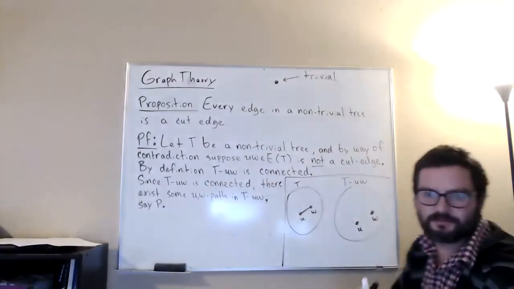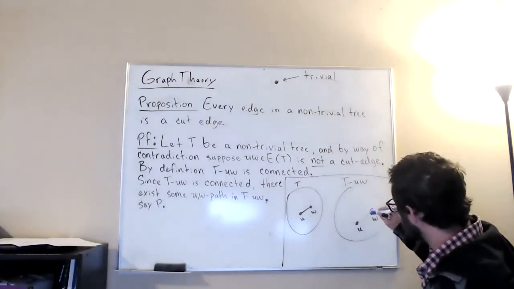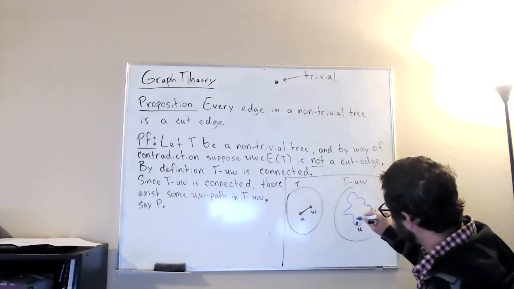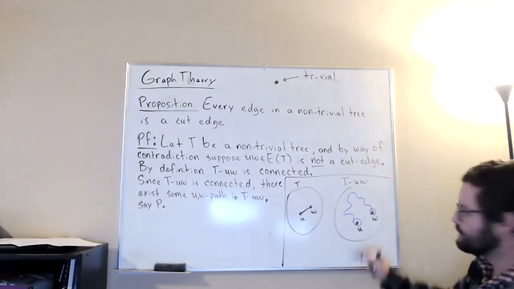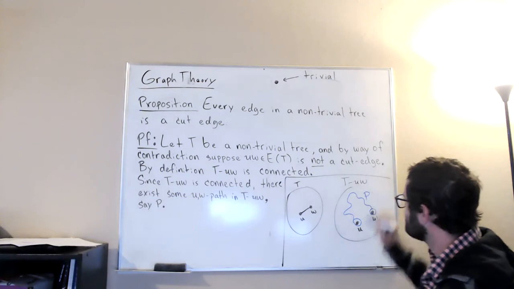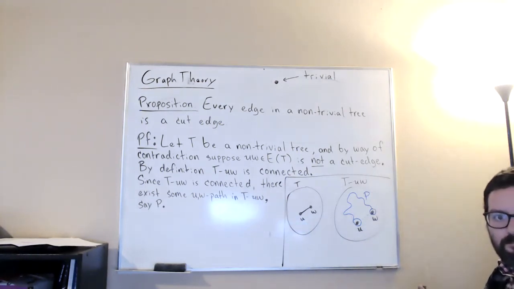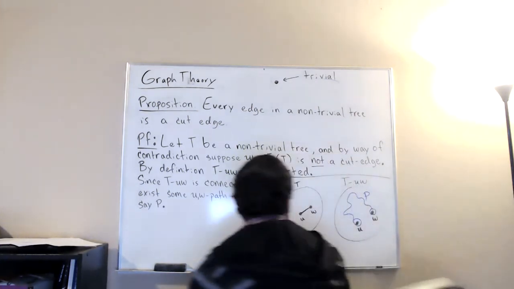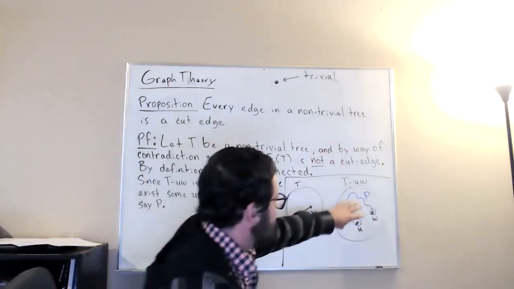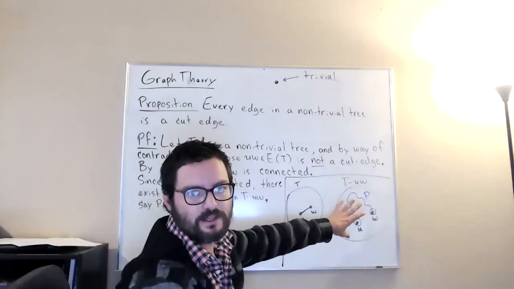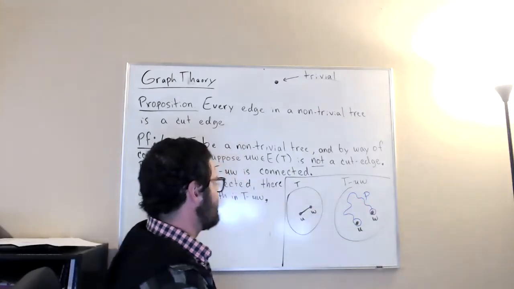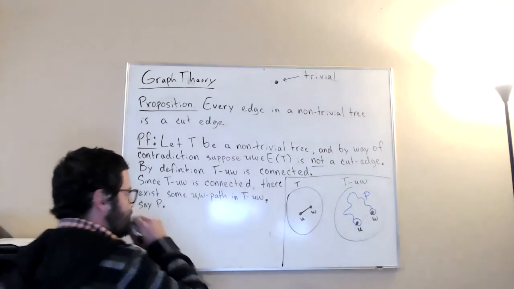So that path P is here. And we don't know where it goes, but it definitely connects U and W over here. This is P. Now, no vertices and edges in that P were deleted from T to T minus UW.